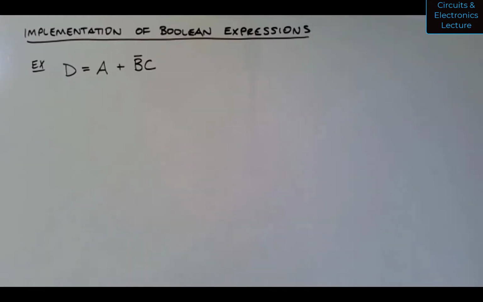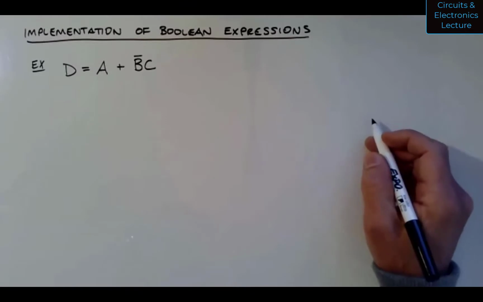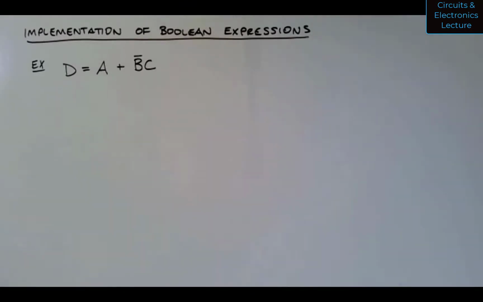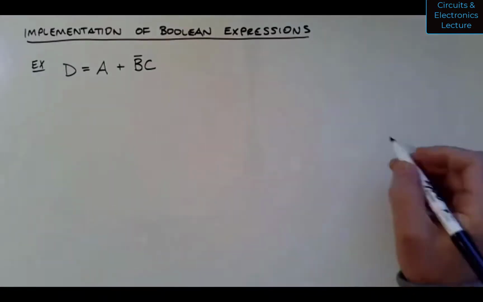And let's suppose we want to implement this with gates. So you want to take those chips I just showed you, power them up, and implement this. Here's what I like to do. I like to start on the right side of the circuit.